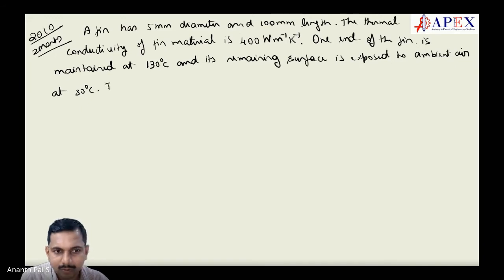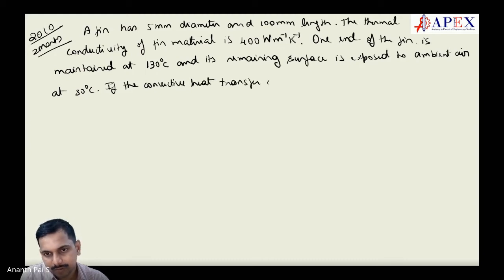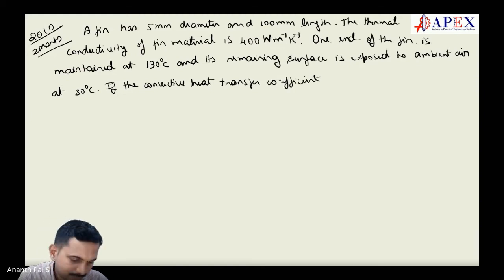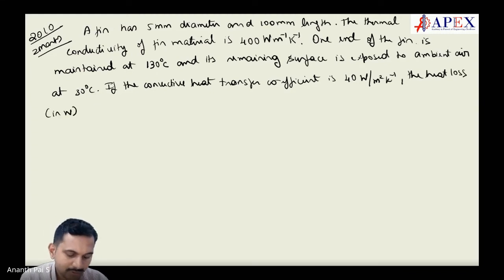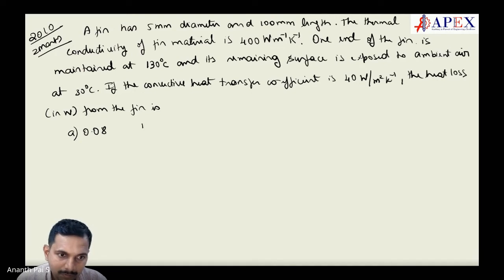If the convective heat transfer coefficient is 40 watt per meter square Kelvin, the heat loss in watts from the fin is: A 0.08, B 5, C 7, D 7.8. Which is a lucky number you can guess.